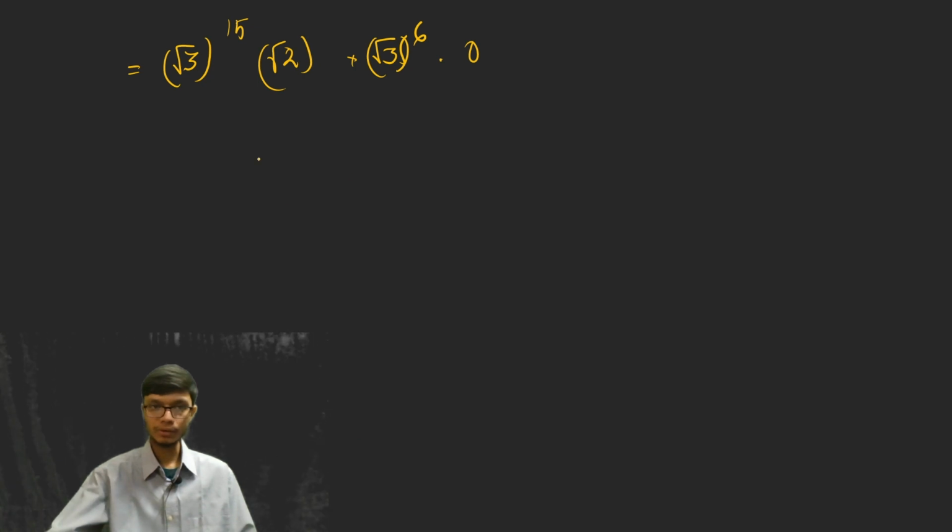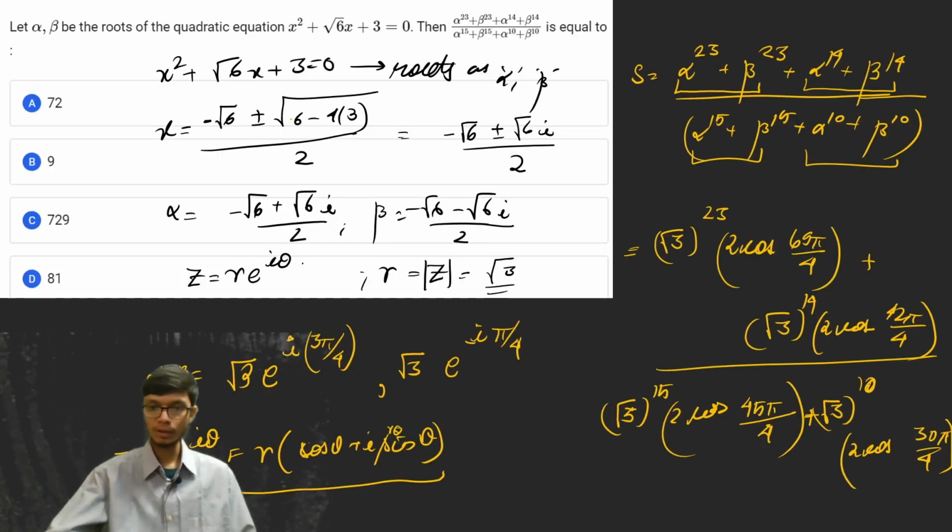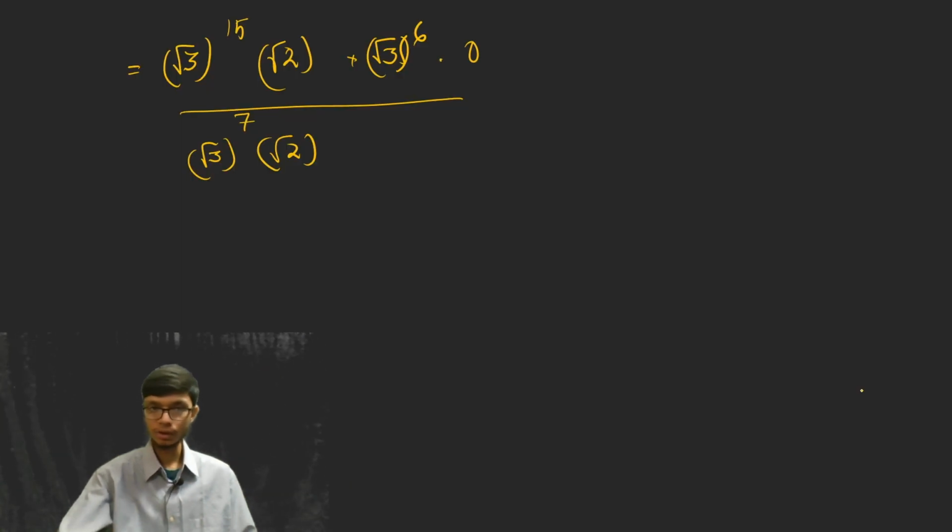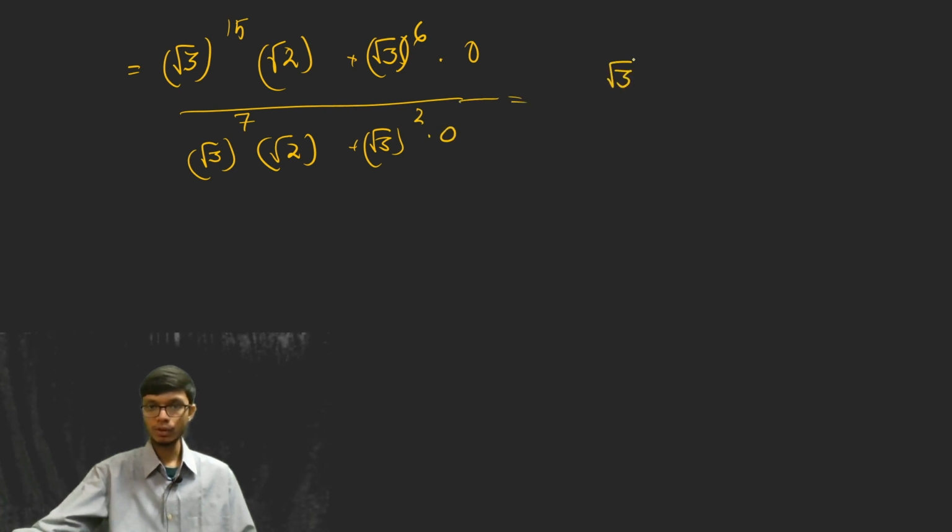Divided by root 3 raised to the power 7 into again root 2, because cos of 45 pi by 4 is pi by 4 plus 11 pi, and similarly this case is 7 pi plus pi by 2, again 0, and this case is root 3 to the power 2 into 0.